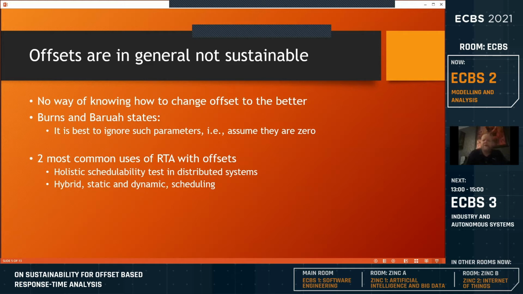There is no way of saying that if offsets change this way, it's for the better. Burns and Baruah state that it's best to ignore such parameters, that is, assume that they are zero, at the cost of some precision in the response time analysis.